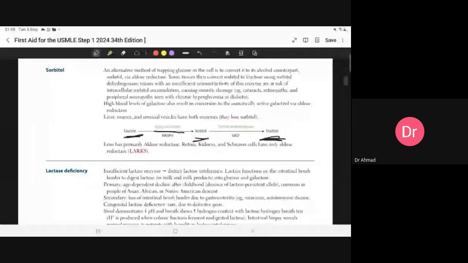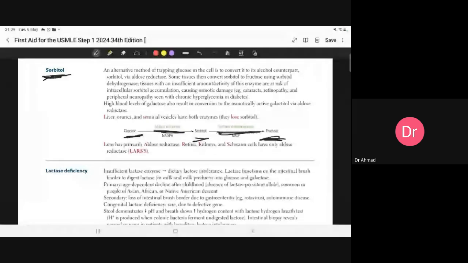And then the other point here is that you will see problems with sorbitol only when your glucose levels are so high. Okay, it means your glucose will keep on accumulating inside your cells, and those cells are deficient in this enzyme or in this enzyme, right?